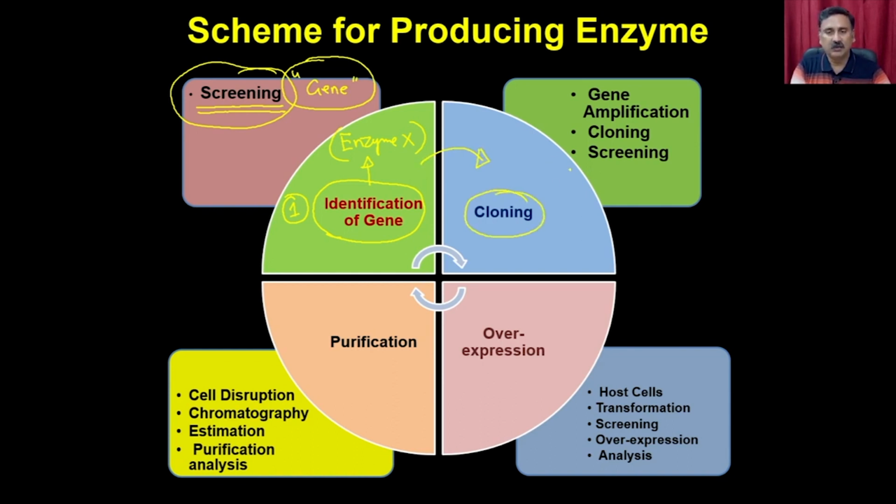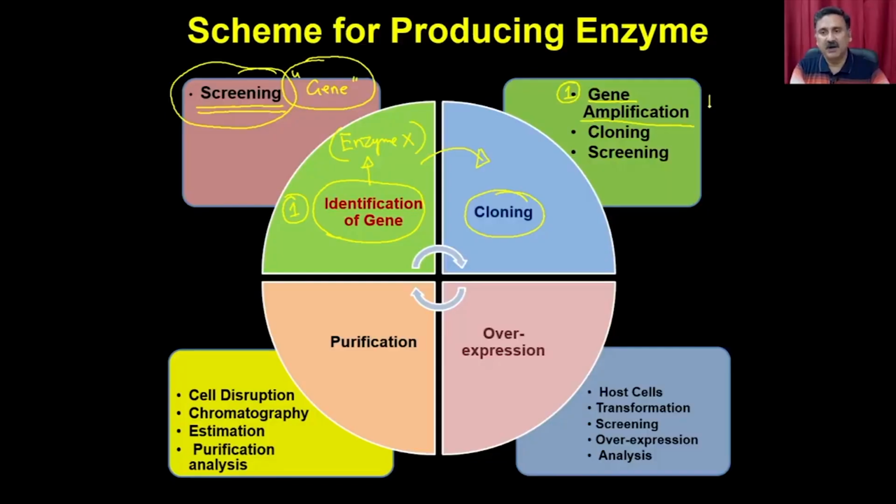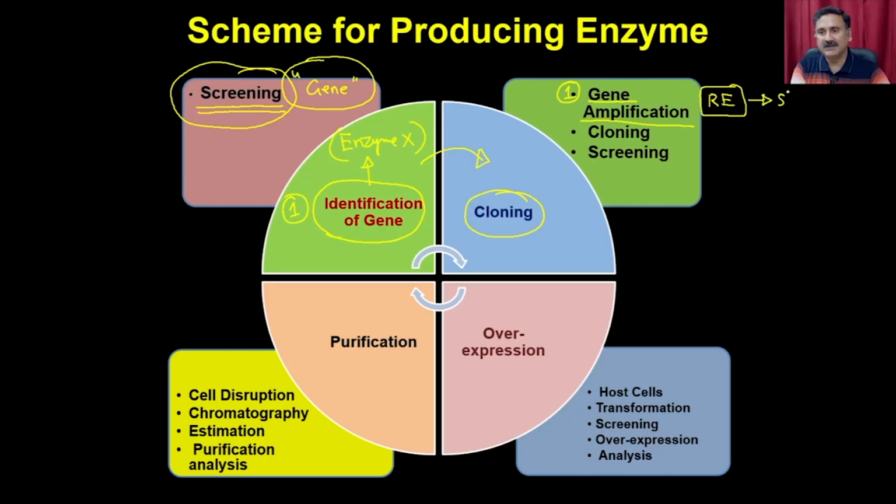This cloning also has multiple steps. In step number 1, you are going to amplify this gene with the help of site-specific primers, and these site-specific primers are going to have the restriction enzyme sites. Once you have the restriction enzyme, you can cleave the amplified gene, and that is going to produce the sticky ends.